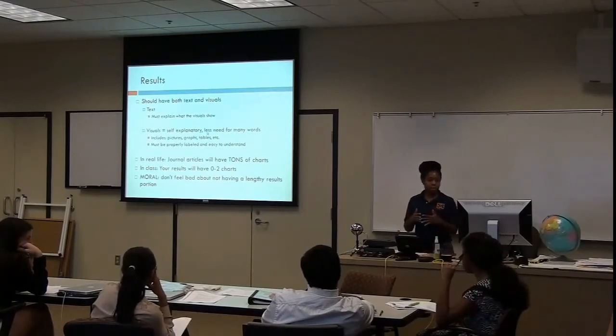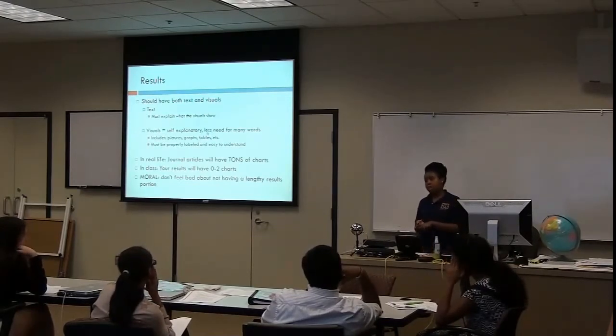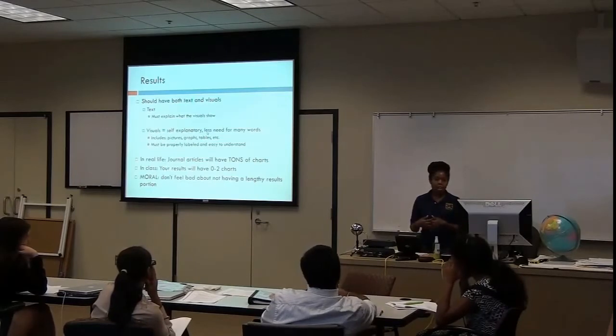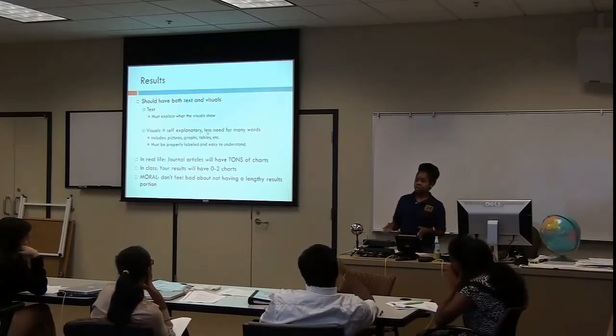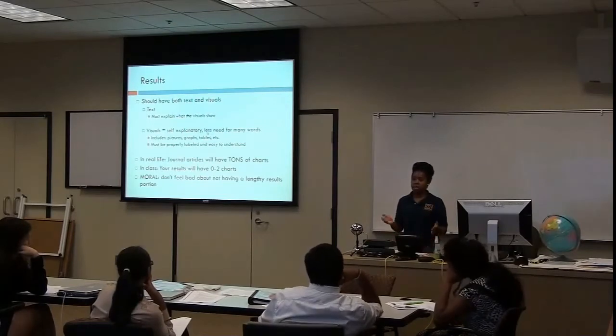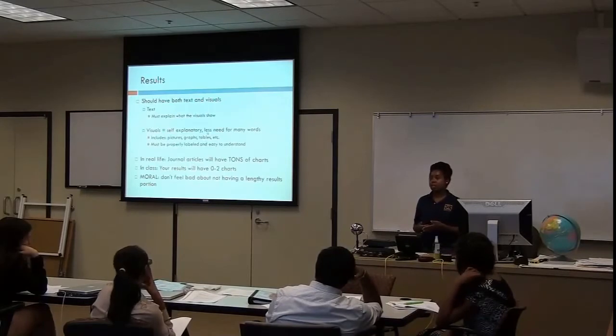I just went over this. It must be properly labeled and easy to understand. In real life, journal articles have tons of charts, pages and pages of charts. In college, you probably have no charts or two or three charts. So don't feel bad about not having a very lengthy results section, because sometimes there's just not a lot of information to put there, because you're simply stating the results.